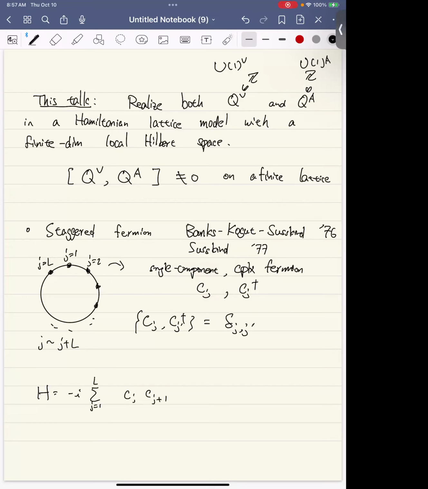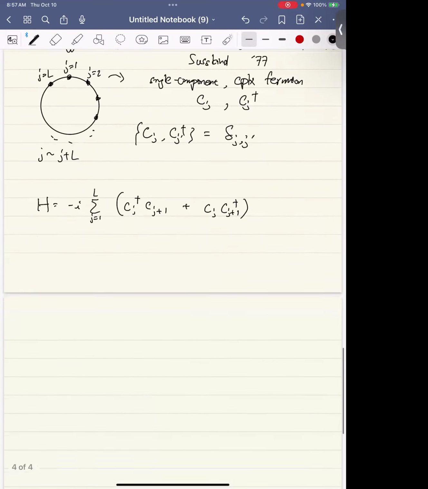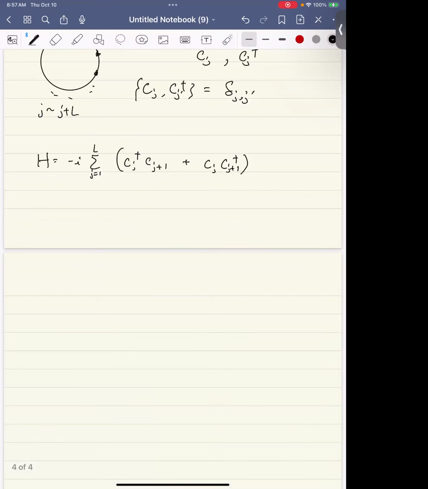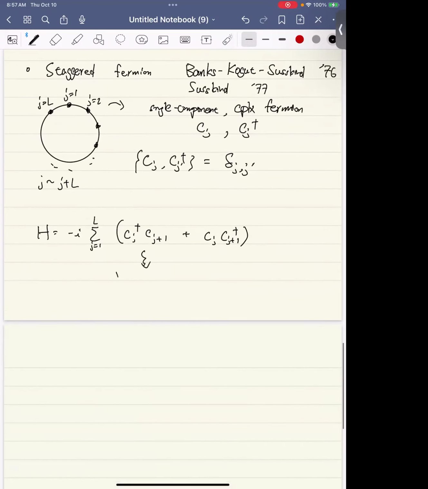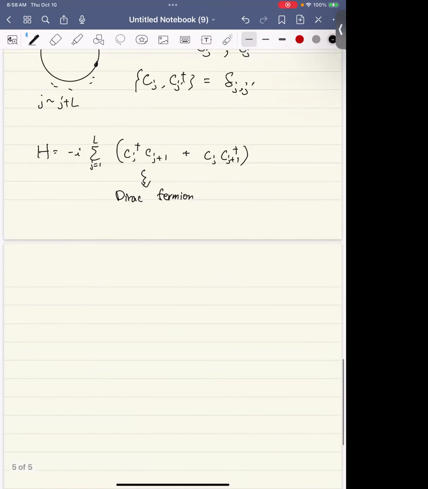So c_j talks to c_{j+1}, and you want to preserve a manifest U1. So it takes this form. This Hamiltonian, I claim, flows to the Dirac fermion. Any question at this point?